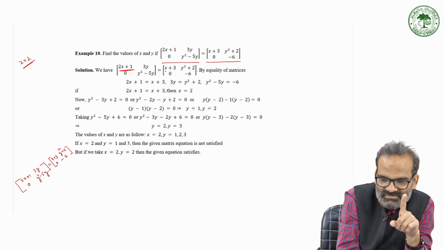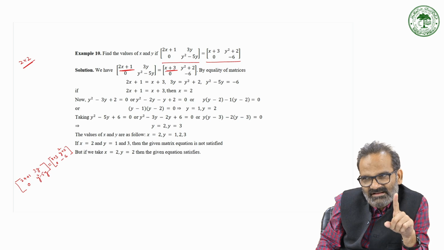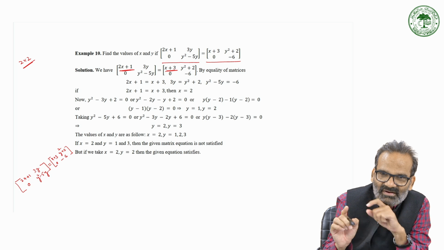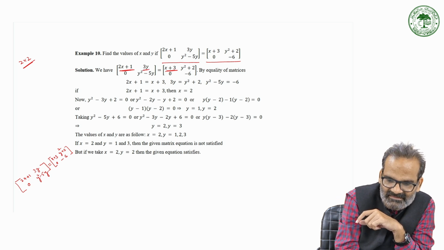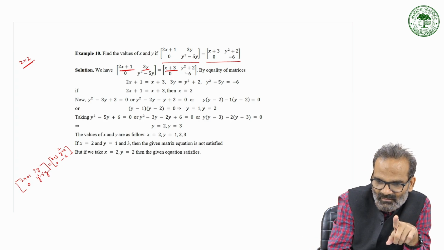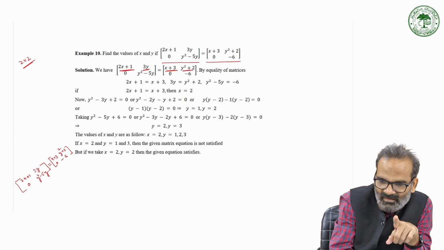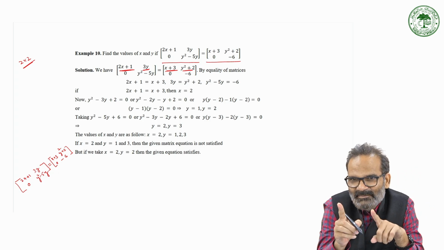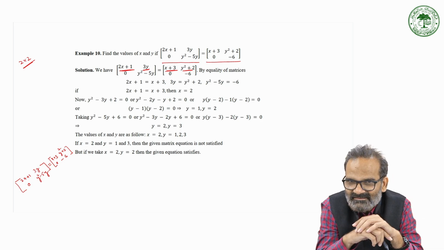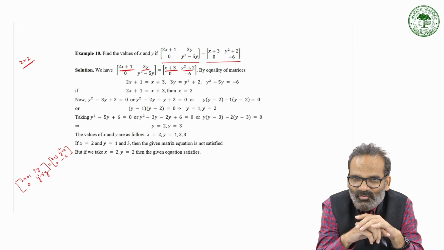It should be equals to x plus 3 because x plus 3 is the first element of the first row and first column in matrix 2, right? Now 3y. 3y is the second element of the first row and second column of the first matrix. So it should be equals to y square plus 2 because y square plus 2 is the second element of the first row in the second column of the second matrix. This is the meaning of corresponding elements.